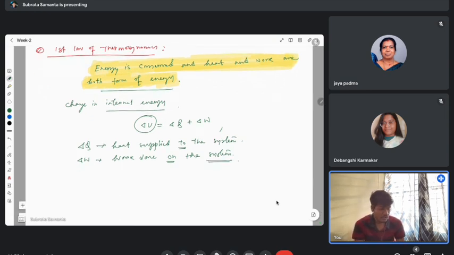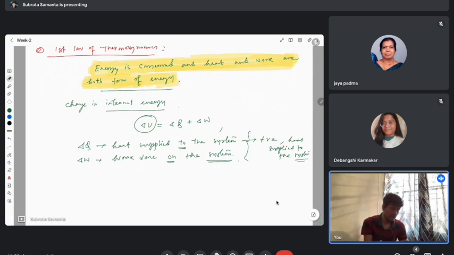So the convention is that delta Q is positive when heat is supplied to the system, and the opposite is negative. When heat is extracted from the system, delta Q is negative.